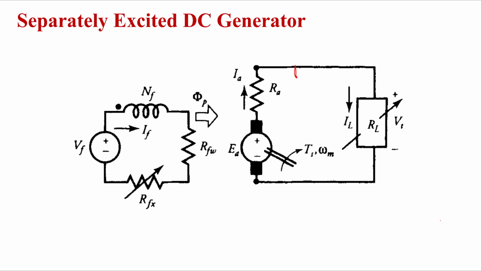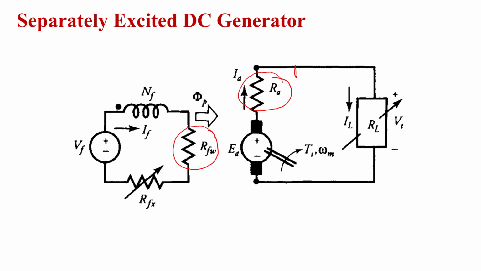Therefore, this can be represented through only the armature resistance Ra and the field resistance Rfw. In the field winding there are of course inductances, but because we are not considering the dynamic phenomenon, under steady state the inductances can be neglected, and we are considering only the resistive parameters.